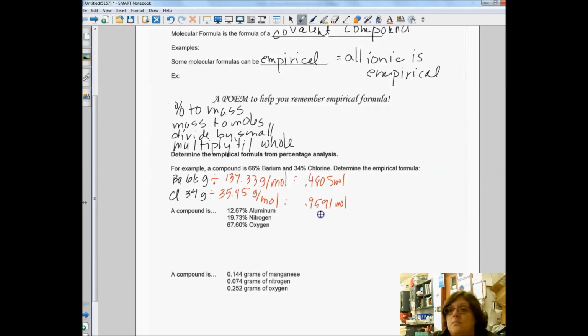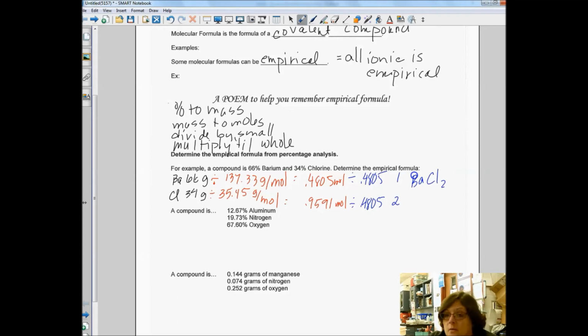So if we divide both of these by the smallest, which is 0.4805, we'll get whole numbers. And we'll get a whole number of 1 for the barium and 2 for the chlorine. It actually comes out to 1.99, but round to 2. So that means the empirical formula for that is barium chloride.